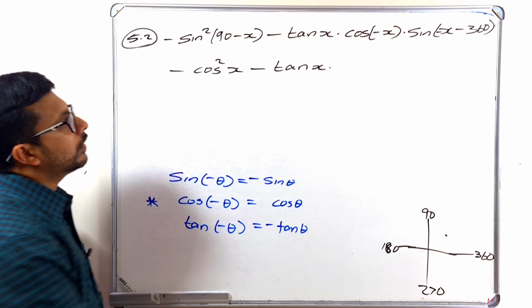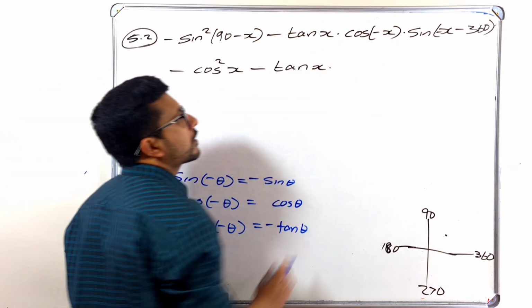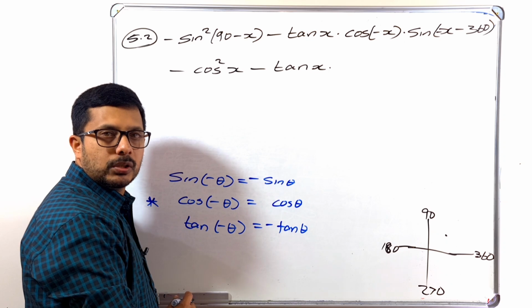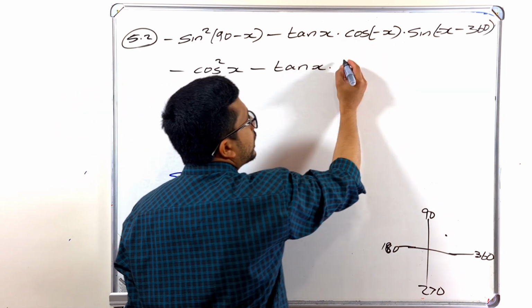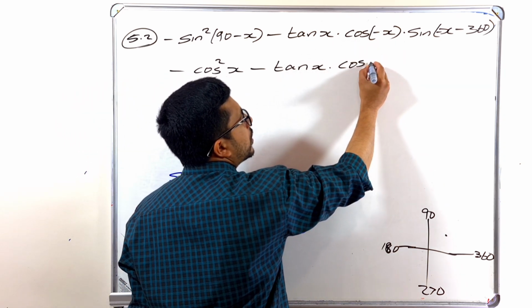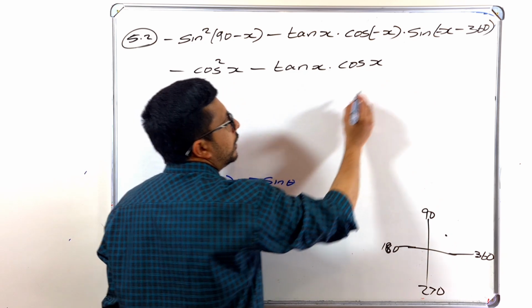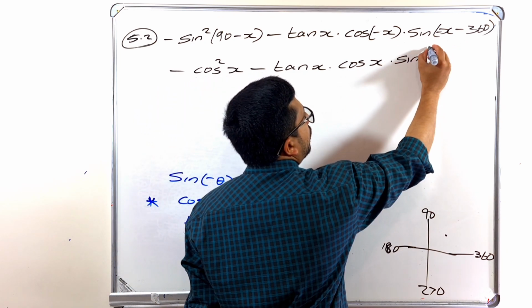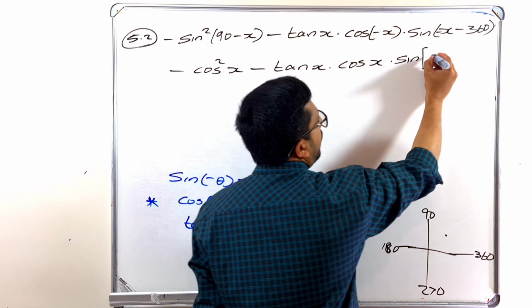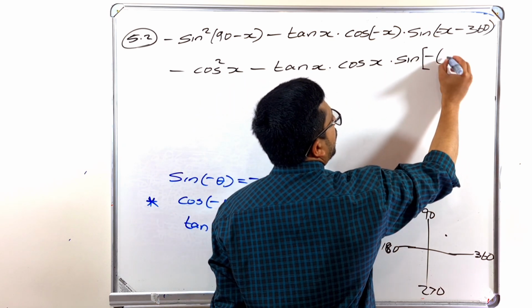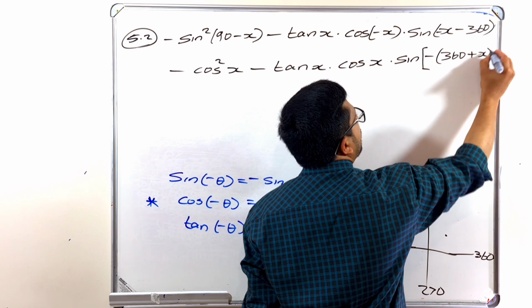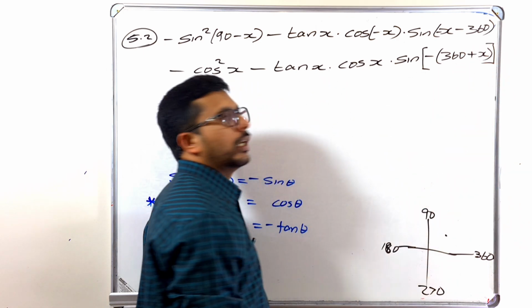Okay. So here cos of minus x: cos of minus theta is the same as positive cos theta, so cos of minus x is the same as positive cos x. Then here, this one, sine of, look at how I am going to write, minus of 360 plus x. Is it correct, guys?